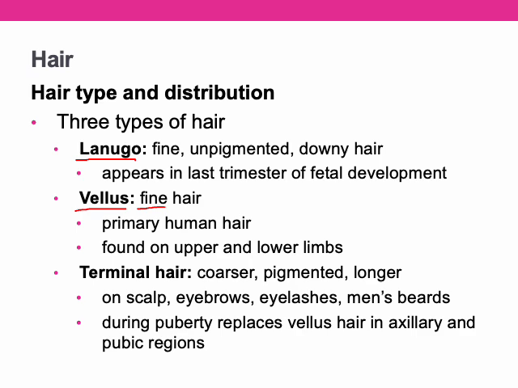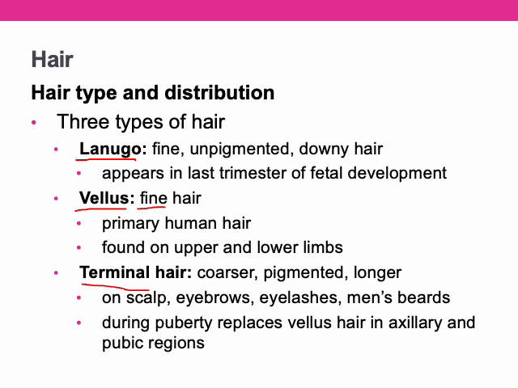The third type of hair is terminal hair, and terminal hair is usually longer, coarser, and it's pigmented. It can be found basically on your eyelashes and in your eyebrows. It's the hair that forms the hair on top of your head and the men's beard.